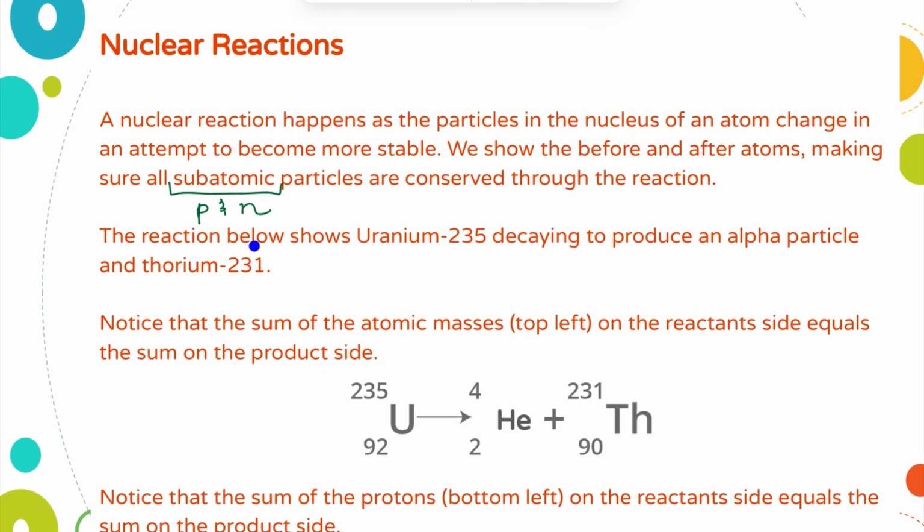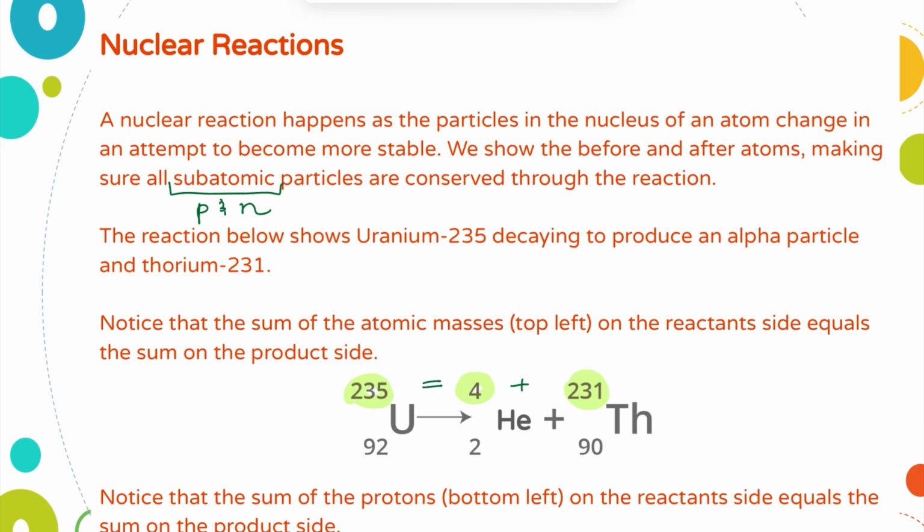The reaction below shows how uranium-235 is decaying to produce an alpha particle, which is that helium atom, and thorium-231. Notice that the sum of all of the mass numbers, we've got 235, which equals 4 plus 231.